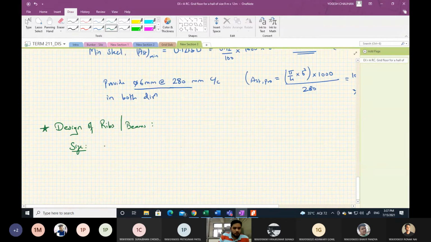So depth should be in between 9000 by 25, that is 9 meter by 25, to 9000 by 20, that is between 360 mm to 450 mm.